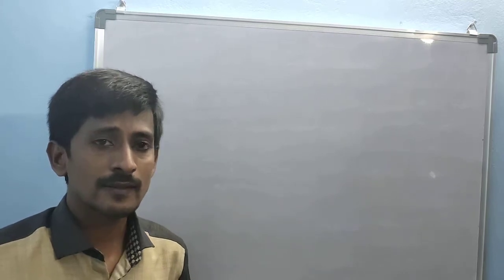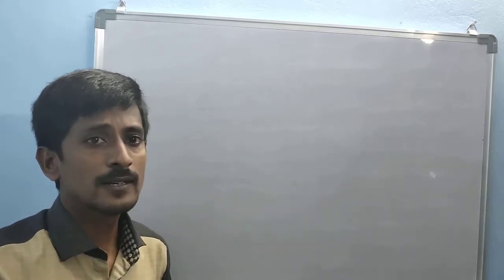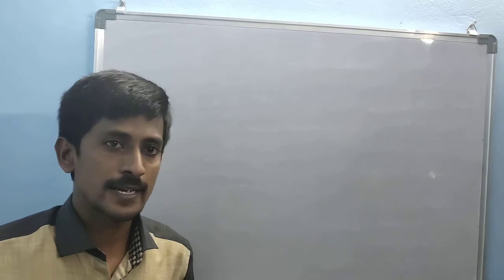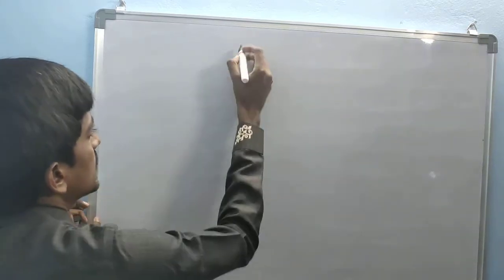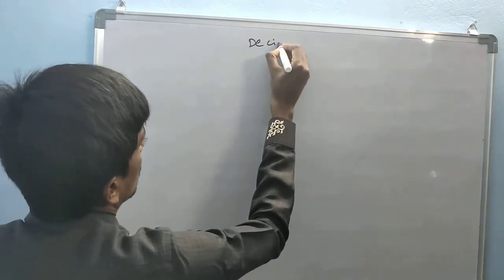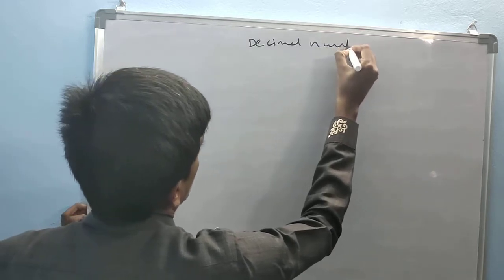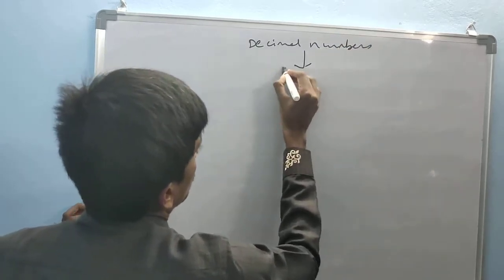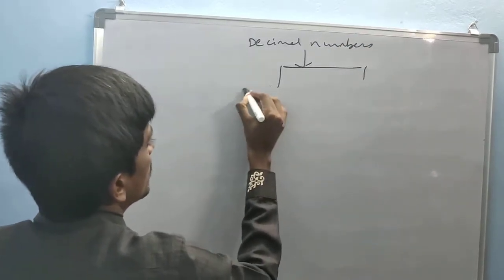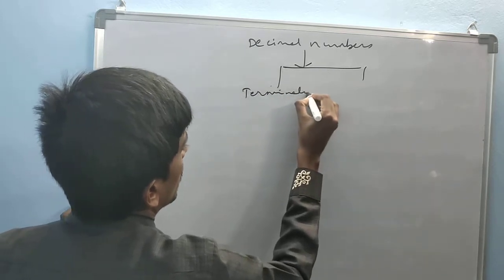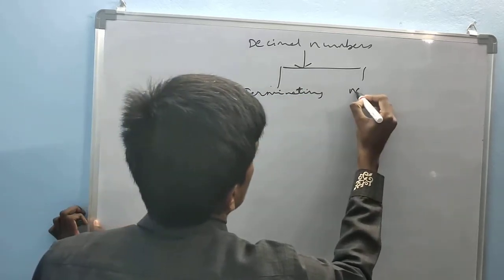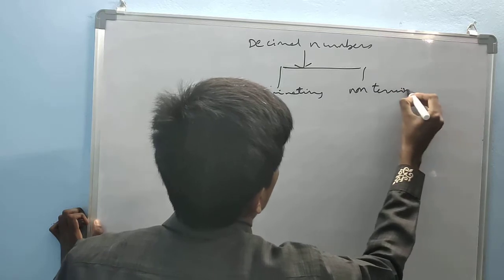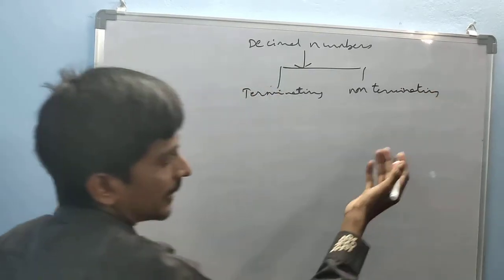Yesterday, I completed the table of decimal representation of rational numbers. Decimal numbers are of two types. One is terminating and another one is non-terminating. I already gave the table.